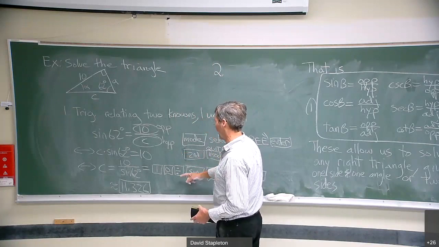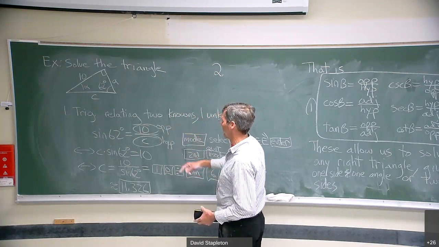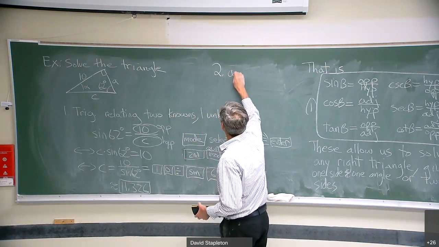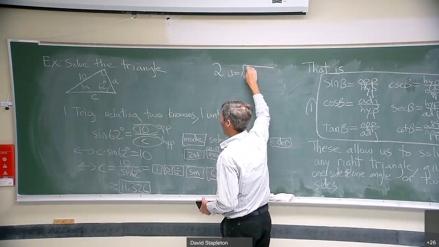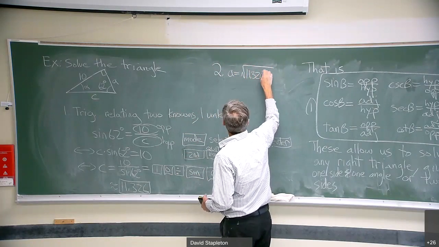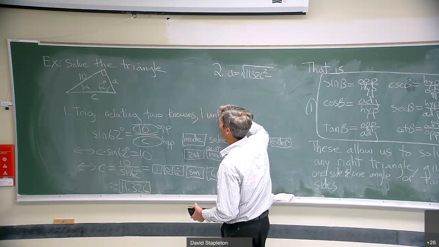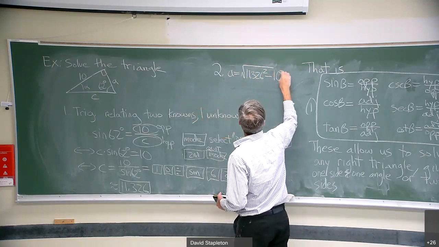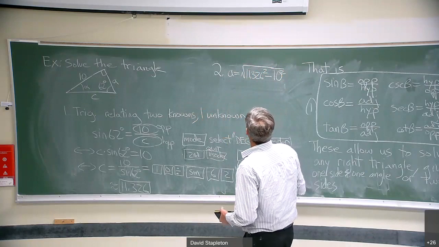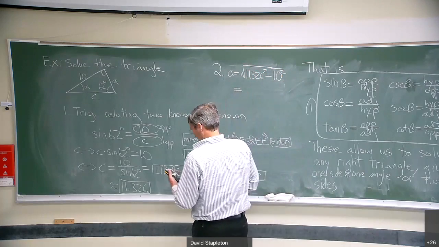So since I have a hypotenuse C and one of the sides B, I'll say A is the square root of C squared, which is 11.326, minus B squared, which is 10. So what have we got here?